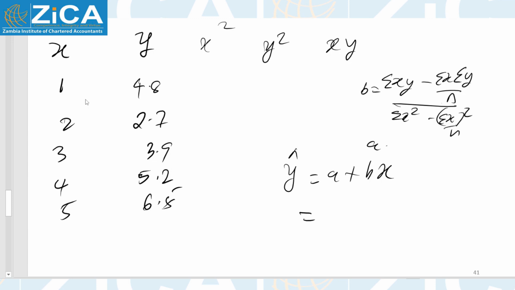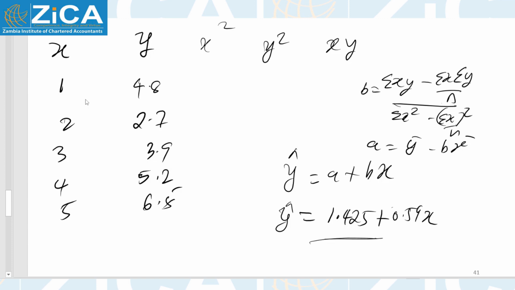Our a will be equal to y bar minus b x bar. If you simplify, you get a as 1.425 plus our b as 0.59x. This is our trend, and this is the trend line. This is what they call the trend line.